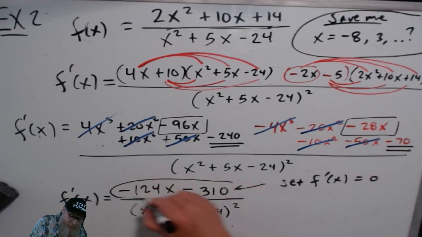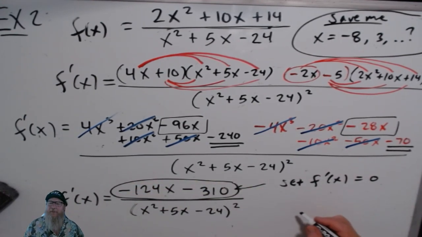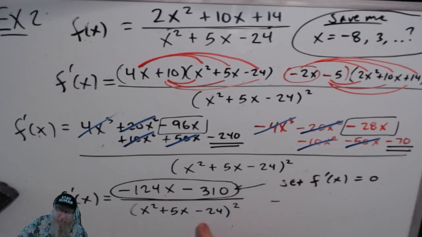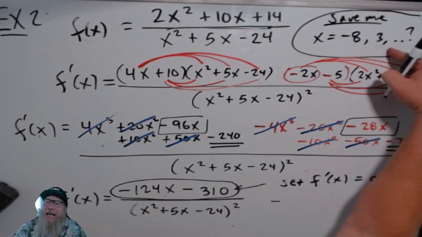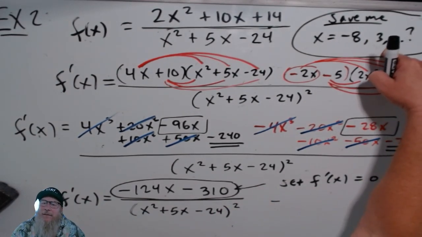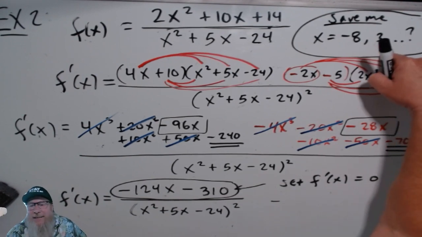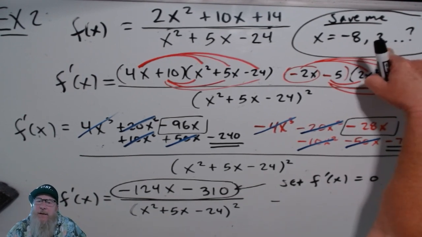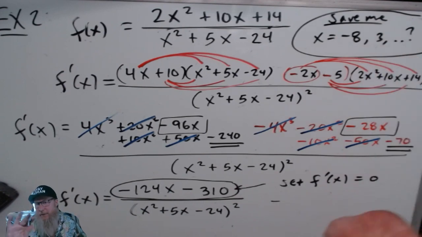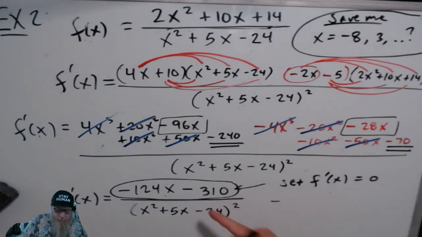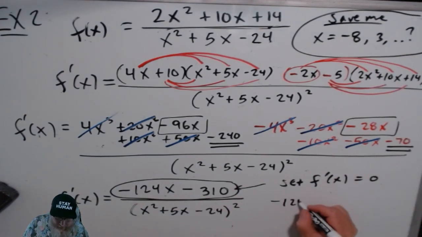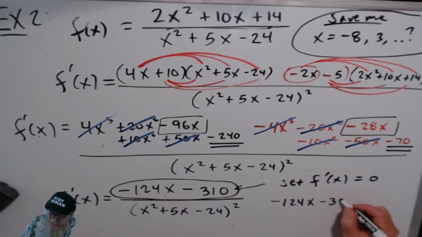And for that, you only need to look at the numerator. Remember, the denominator has already been taken care of. In fact, the denominator technically is not allowed to be 0. It's an excluded value, and I'll explain more about that later. When you're solving, you only solve the numerator.